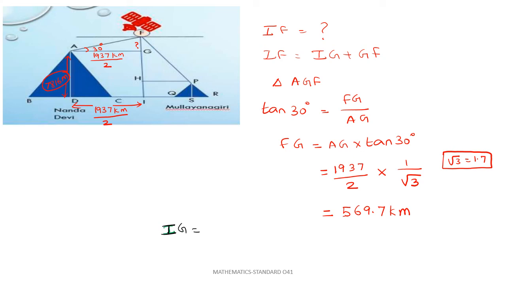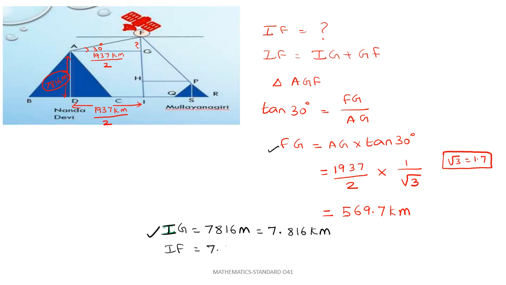IG is given as the height of Nanda Devi mountain, right? So don't forget children, change to kilometer. When you divide by 1000, it will become kilometer. So now we know IG and we know GF. When you add both, we will get the required answer.